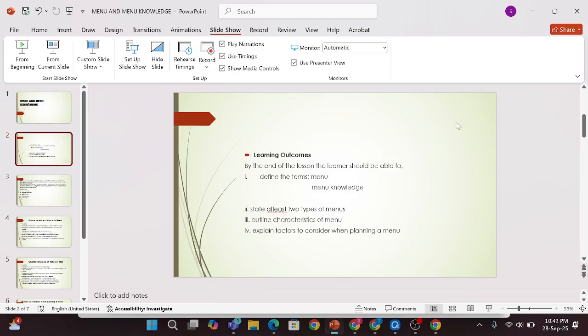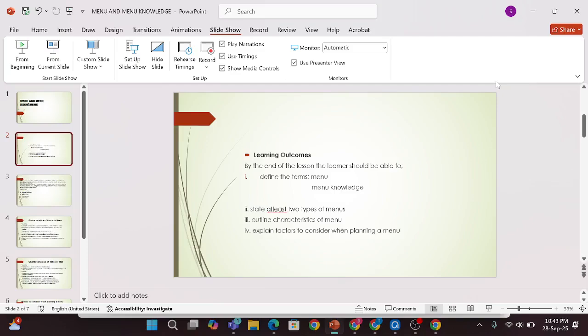Okay, I can say a menu is a list of food and drinks, food and beverages offered in our hospitality operation or a restaurant or by a food service provider.